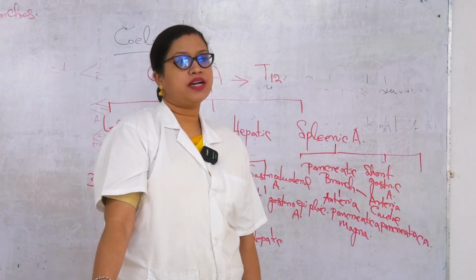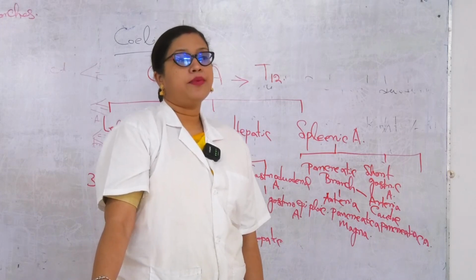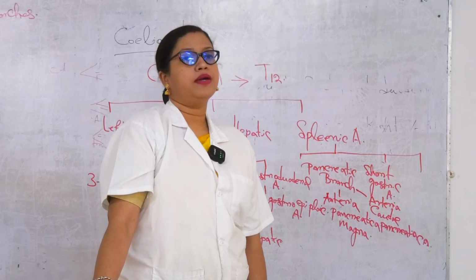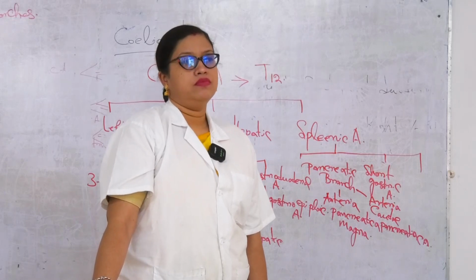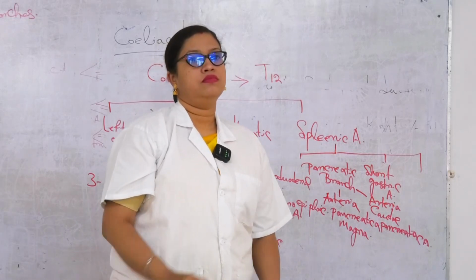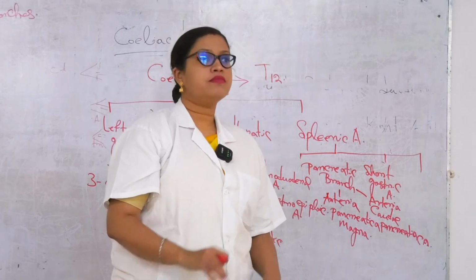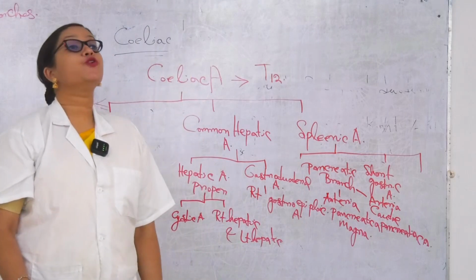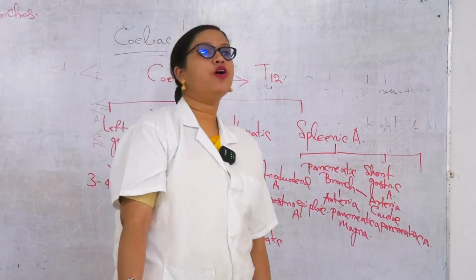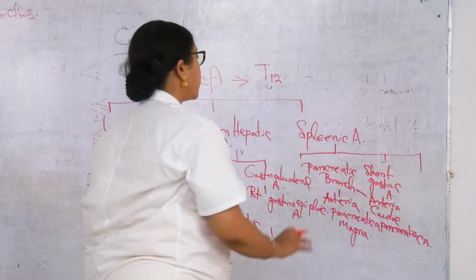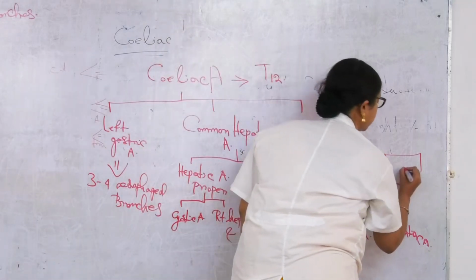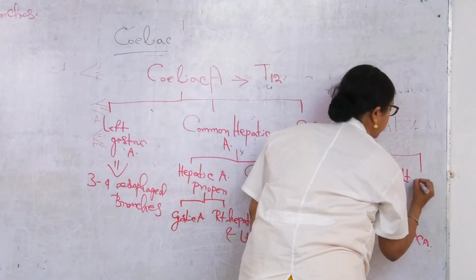Peritoneal ligament বলে দিয়েছি এর আগে। Short gastric কিন্তু একটা লিগামেন্টের কন্টেন্ট, সেটা কোন লিগামেন্ট? Gastrosplenic. This content is short gastric. আর এখানে কি আছে? Left gastroepiploic.